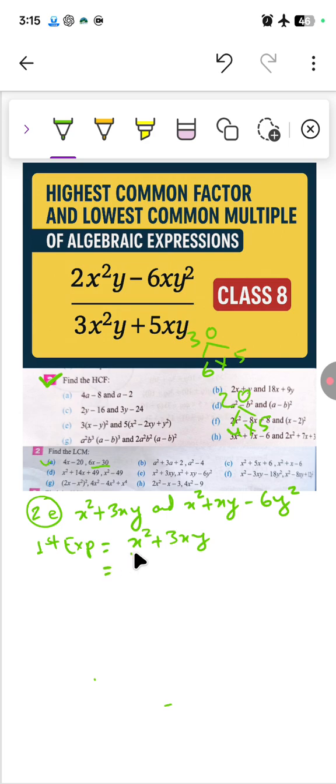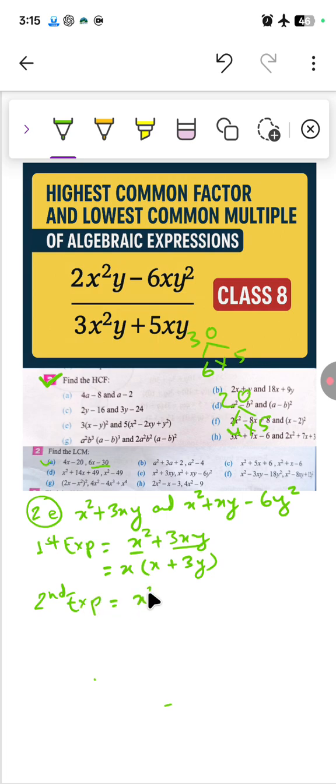Both have x in it, so let us take x as common. The leftovers will be inside the bracket, that is x in the first term and 3y in the second term.